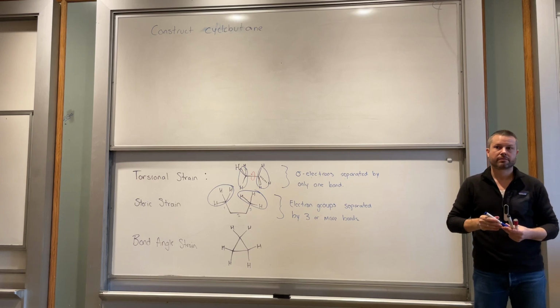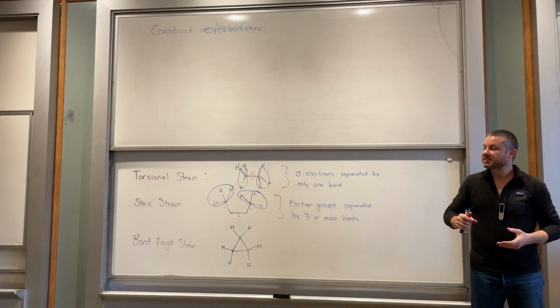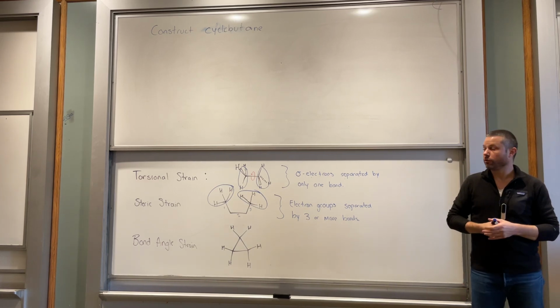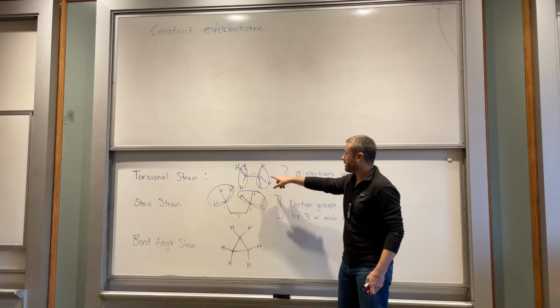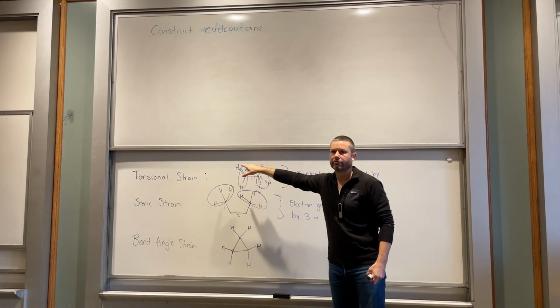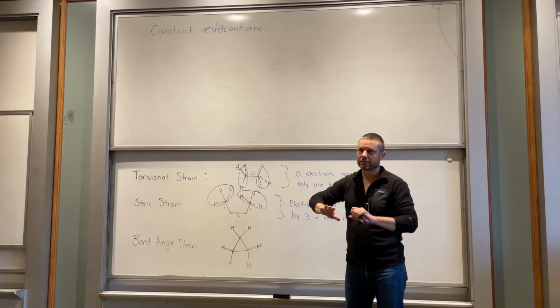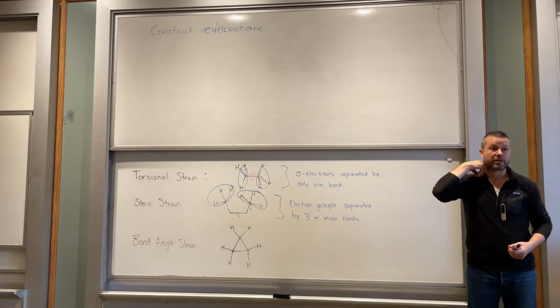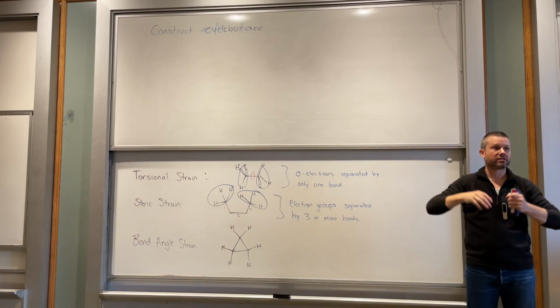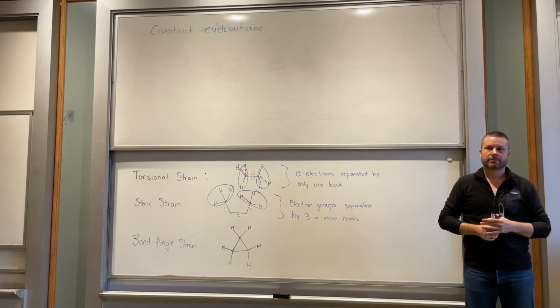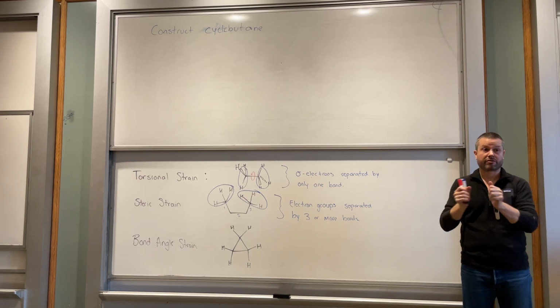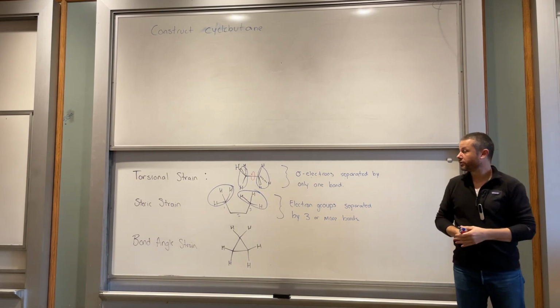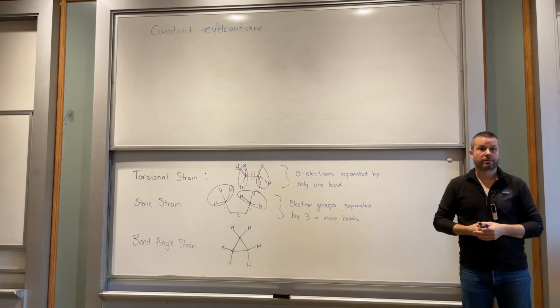The mistake that you don't want to make, a lot of people look at these and define torsional strain as a hydrogen interacting with another hydrogen. It's not about the atoms. The things that are interacting are the electrons, these negative electrons on the outside of the molecule. Negative electrons interacting with other negative electrons are going to repel, and that's really what causes the strain.